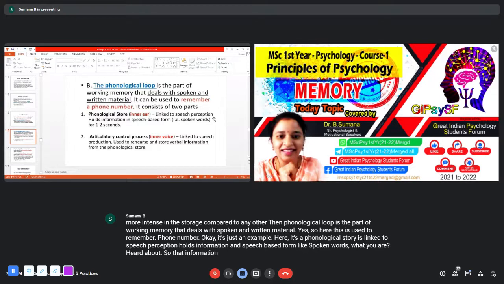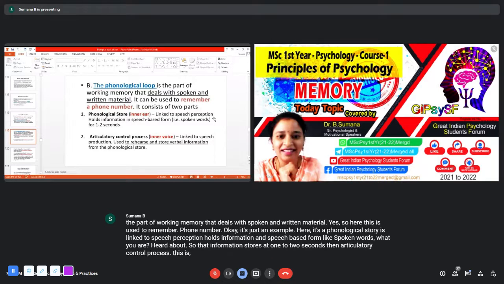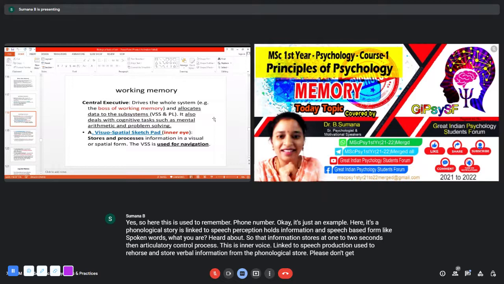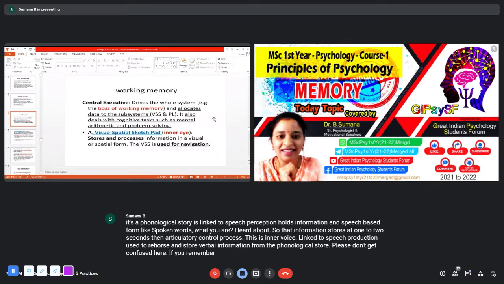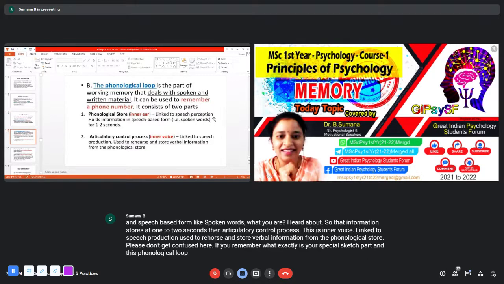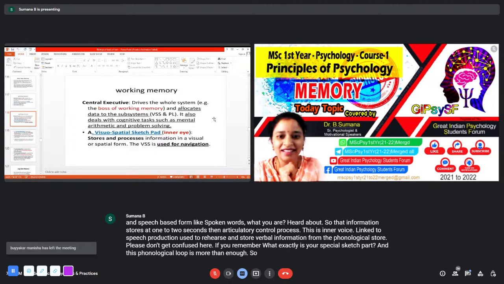That information is stored for 1 to 2 seconds. Then the articulatory control process is the inner voice linked to speech production, used to rehearse and store verbal information from the phonological store. Please don't get confused here. If you remember what exactly the visuospatial sketchpad and the phonological loop are, that is more than enough.